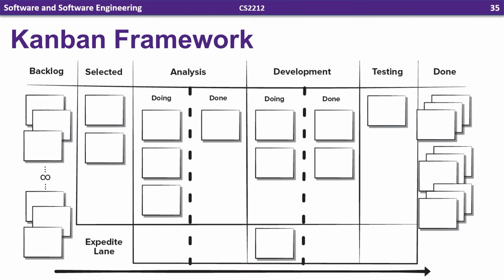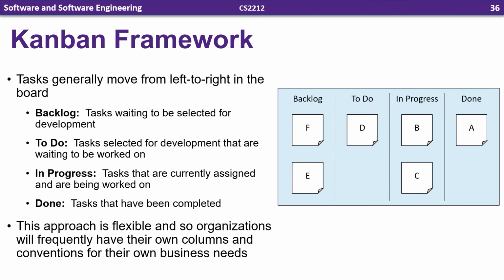Then when they move to development, they're put in the development box, and then to testing when they're in the testing phase, and then move to done when they're done. The idea here is to have most of your squares in backlog and done, and only have a few moving between these phases while you're working on them. Here we see a little bit more of a simplified version of Kanban. It is up to teams to adapt this as always, so they might have different categories.